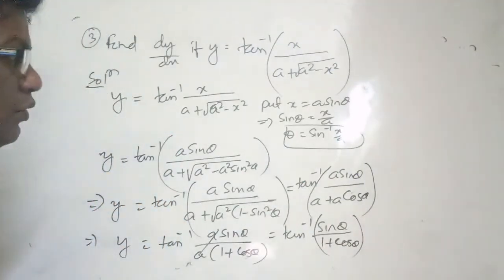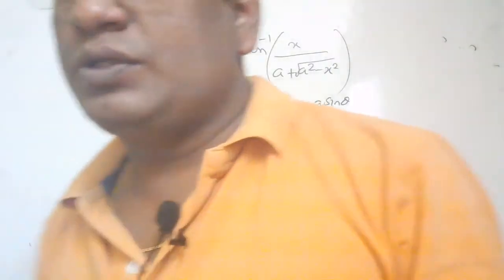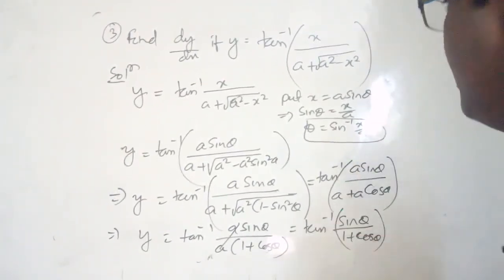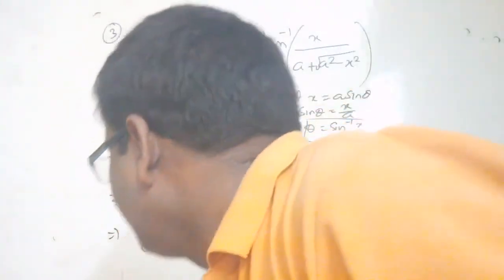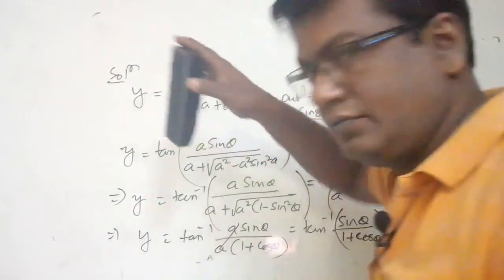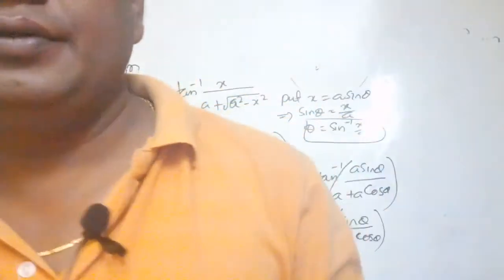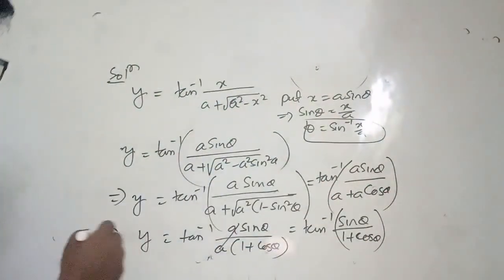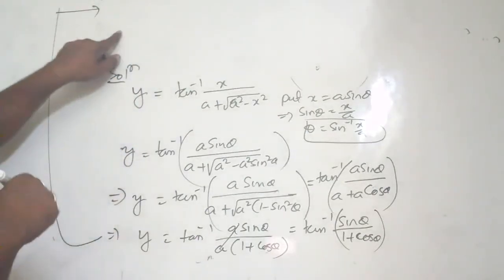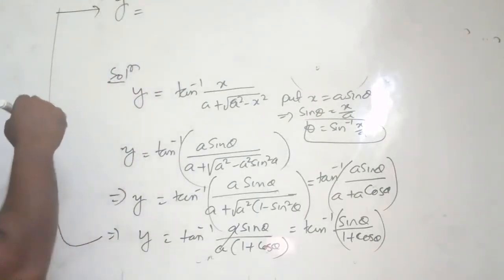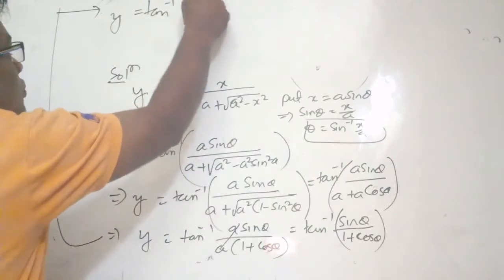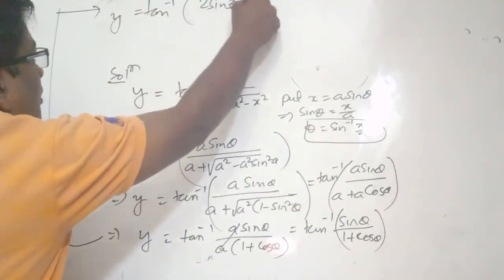We know sin theta is equal to 2 sin theta by 2 into cos theta by 2. So y is equal to tan inverse of 2 sin theta by 2 into cos theta by 2.